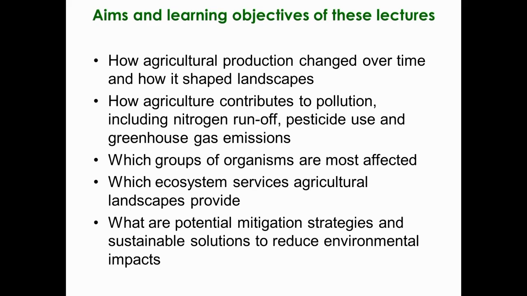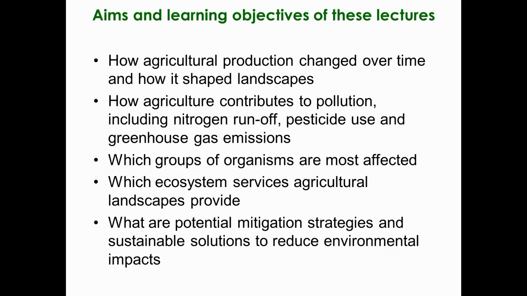Because, of course, we have to realise that we need agricultural systems to feed and sustain our high populations. We have to accept that there are going to be impacts on our environment, on our biodiversity, but obviously we need to weigh up the need to provide food with these challenges.